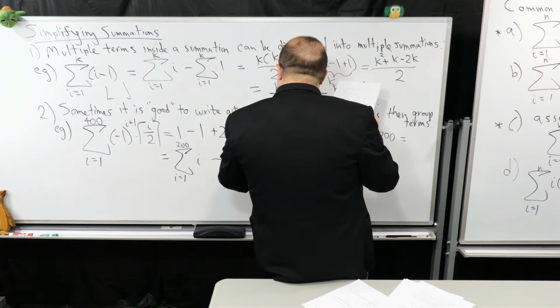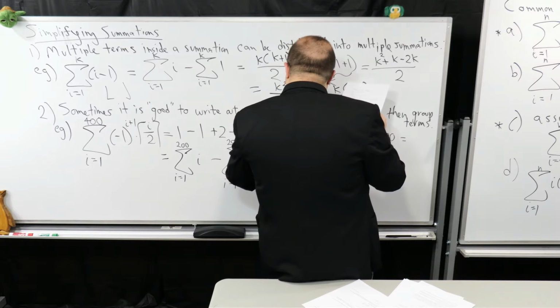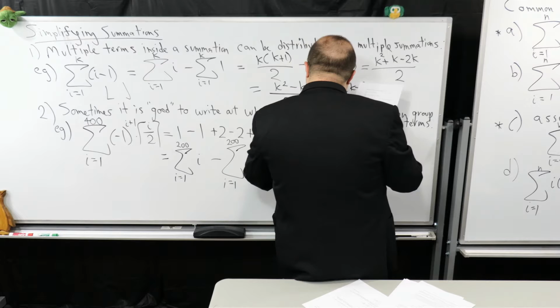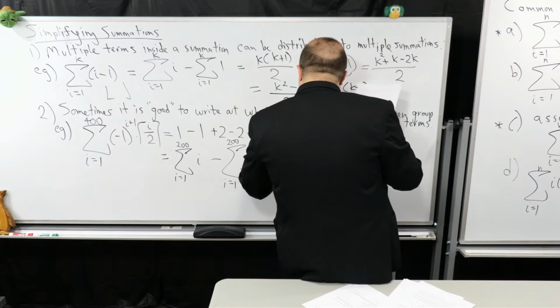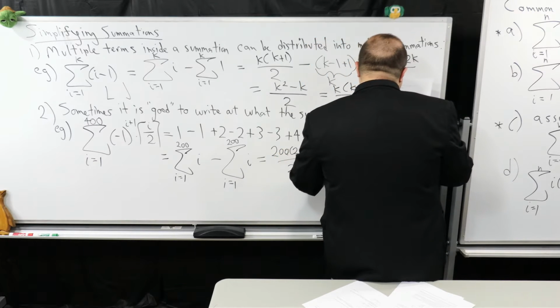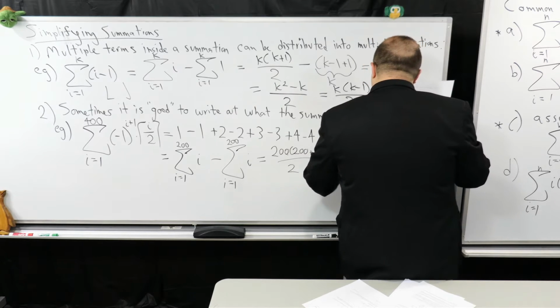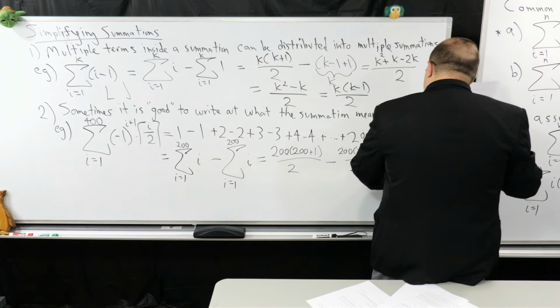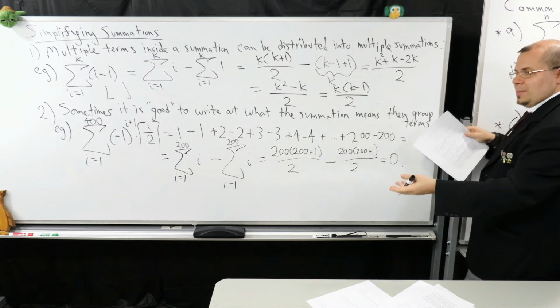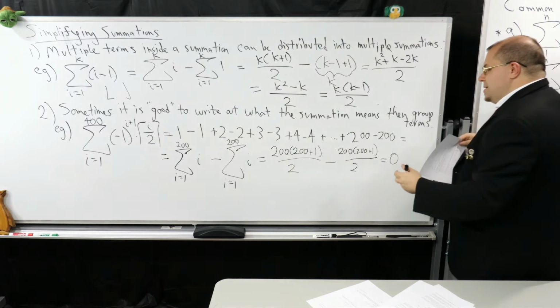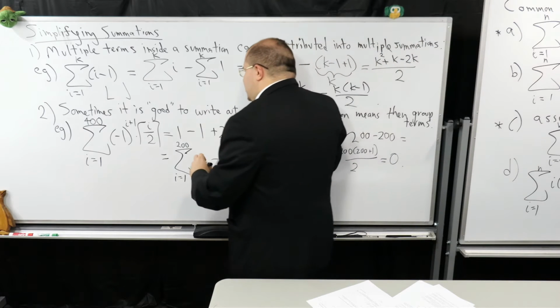You might use this idea somewhere else. So this would be 200 times 200 plus 1 all over 2. Remember, that's just a closed form that I'm applying. Let's do the exact same thing. Minus 200 times 200 plus 1 all over 2. This is equal to 0, right? Because I add the term, then I take it away every single time. And why is that true? It's due to symmetry.